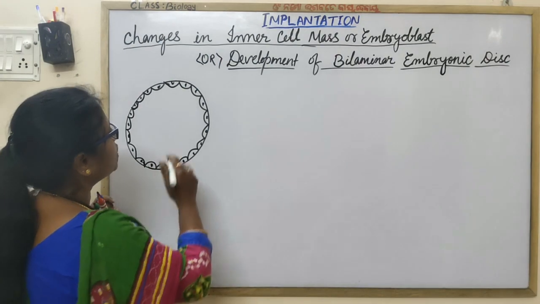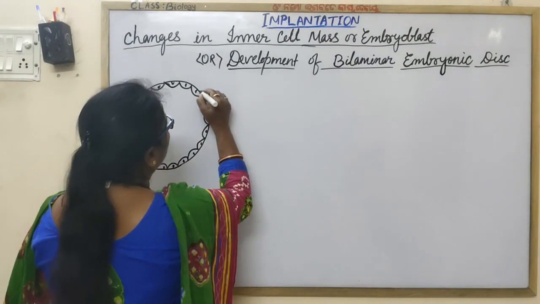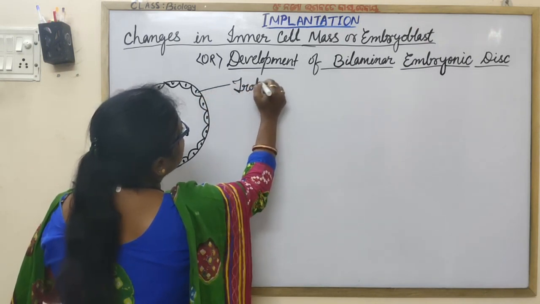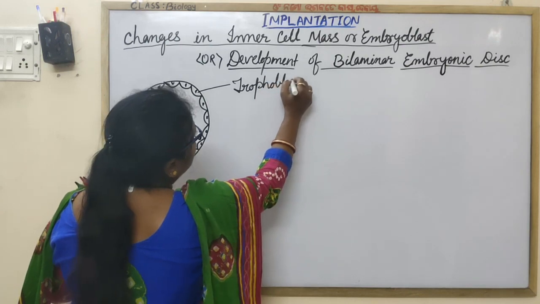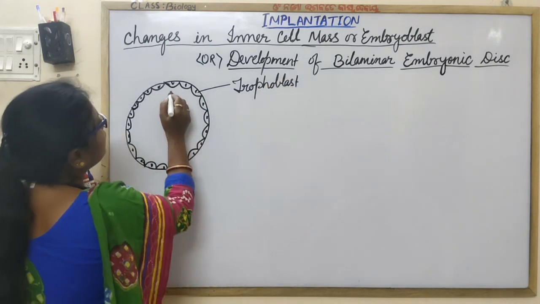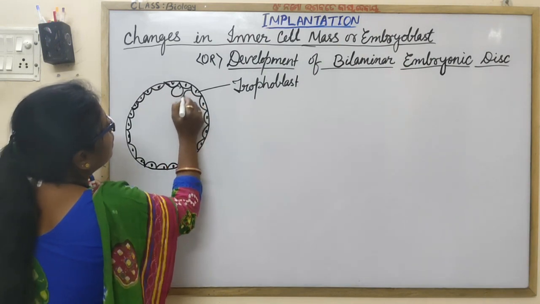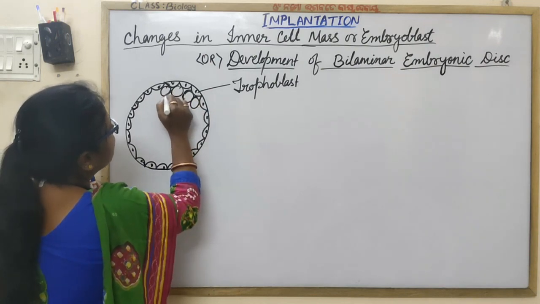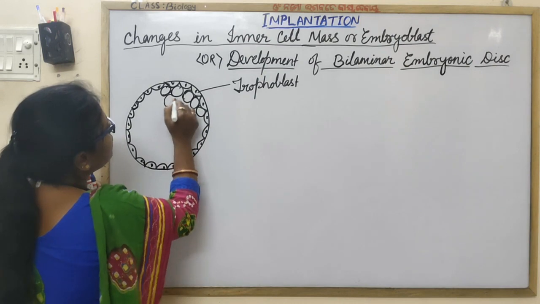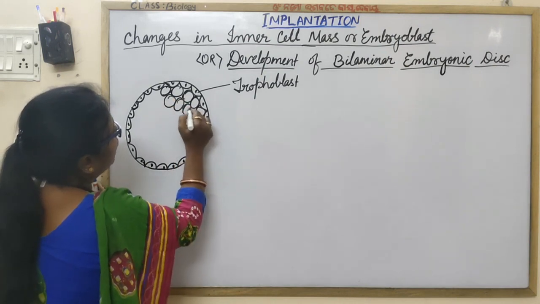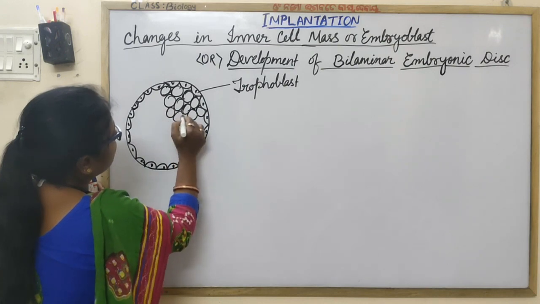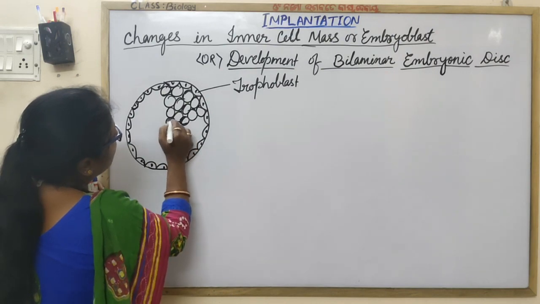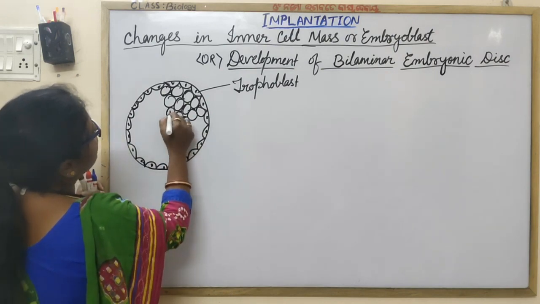In the early blastocyst or blastula, the outer layer is called the trophoblast and the inner cell mass is called the embryoblast. They are present as the embryonic disc.